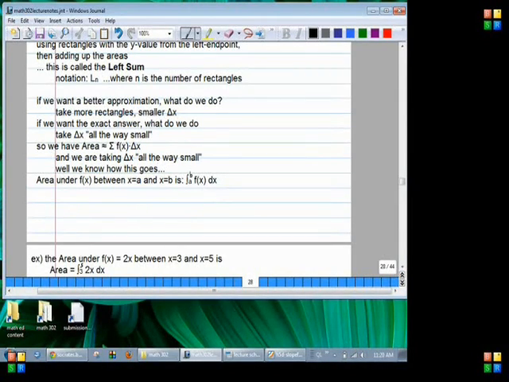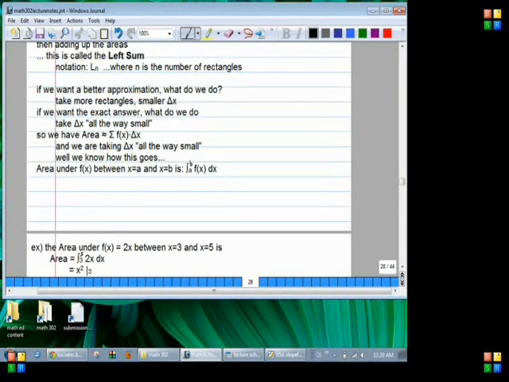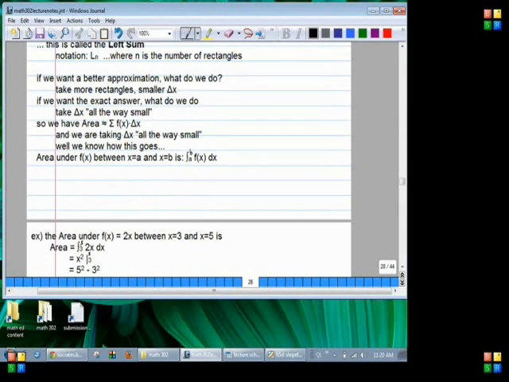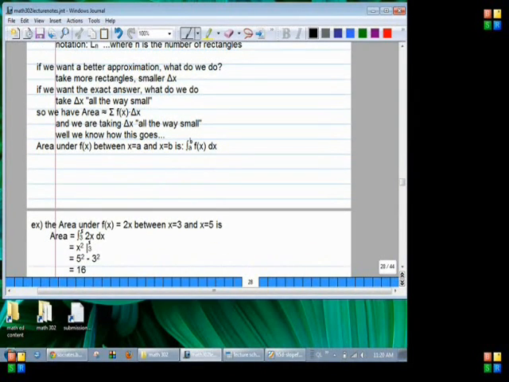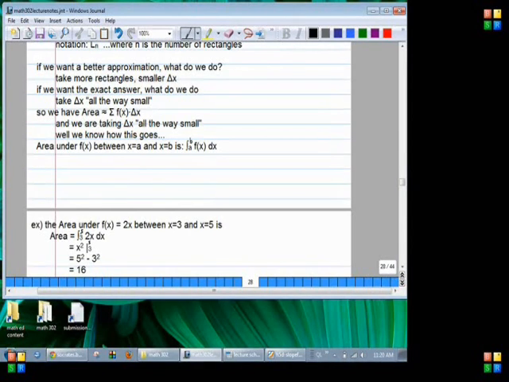The integral of 2x is x squared. So you want x squared evaluated from 3 to 5. So you get 5 squared minus 3 squared, which is 16. So the area is 16. Now that we know that we can find areas using integrals, it's that easy.